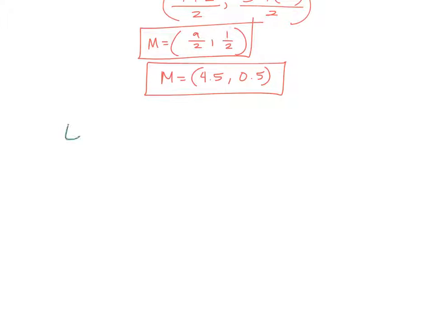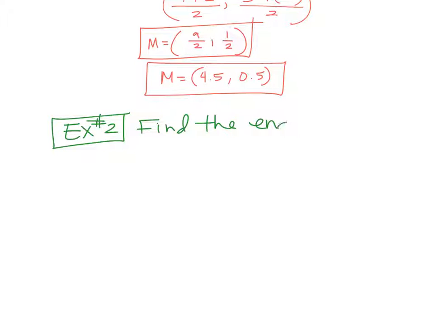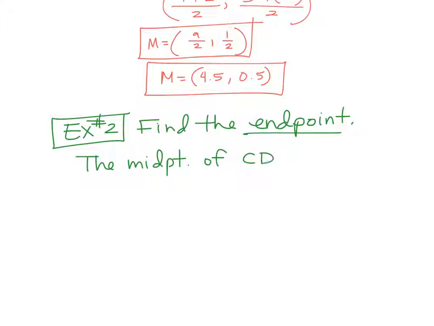All right, so this is example 2. Instead of finding a midpoint now, we're going to find an endpoint. Okay, so this is how they'll say it. This says the midpoint of CD is M, which is the point (-2, 1).